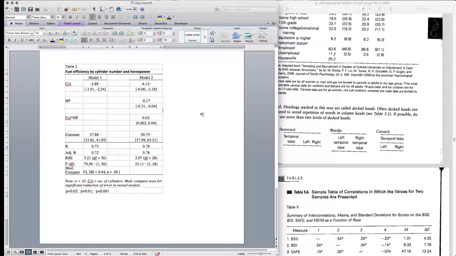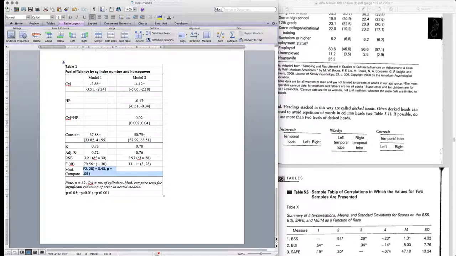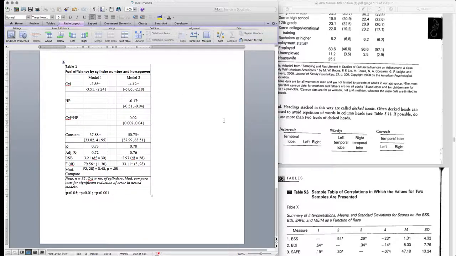But again, anytime you're doing any sort of tabling of stuff, it's kind of like the figures, it really just comes down to what is it that you're trying to show in this particular table.